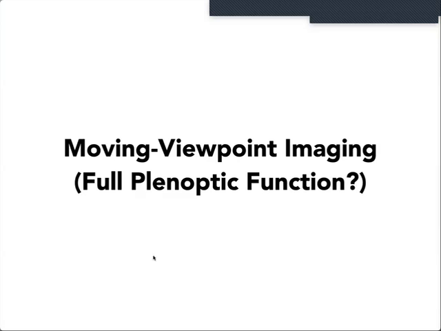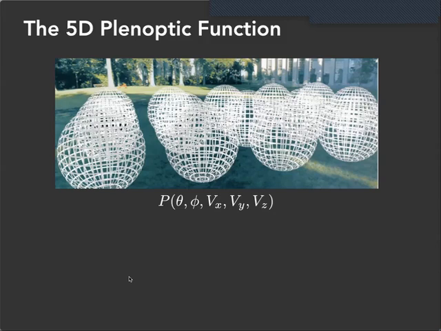So moving viewpoint imaging is what I want to talk about next. This would be the full VR effect, the full plenoptic function, as another way to talk about it. What is the plenoptic function? The plenoptic function is a fancy name for some things that we've talked a lot about in class already.